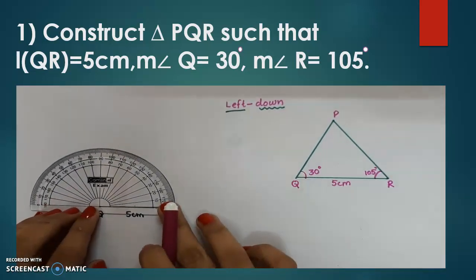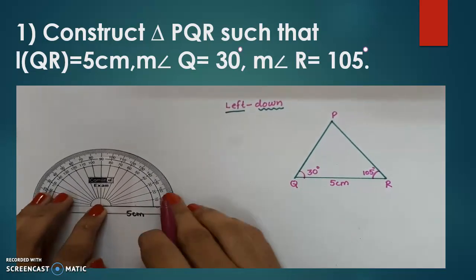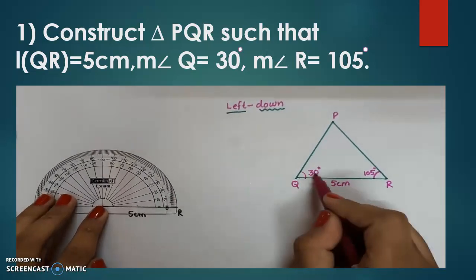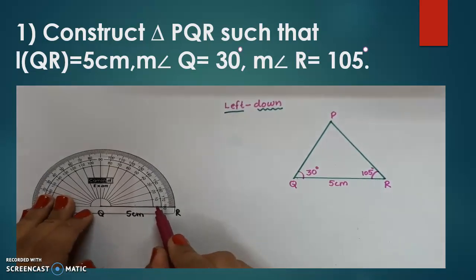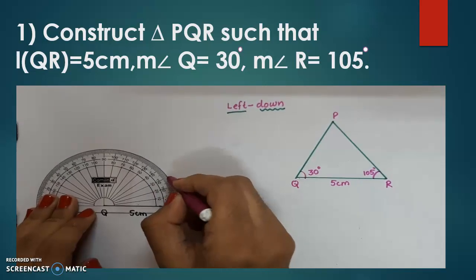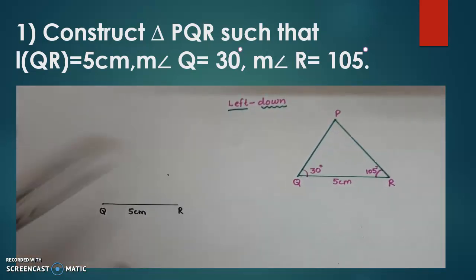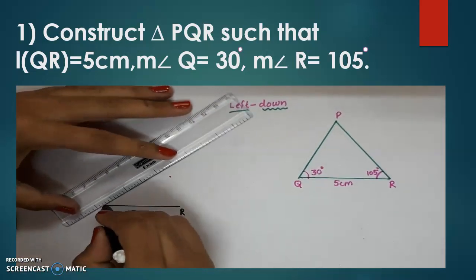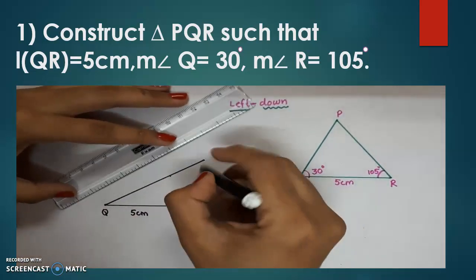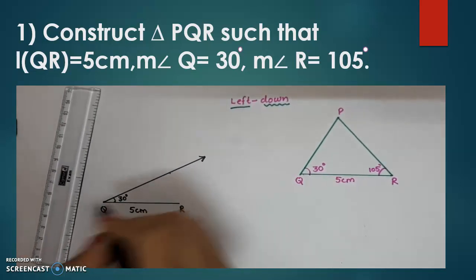Let's check down where we have 30 degree. Down we will see where is 30: 0, 10, 20, here is 30. We will plot one point and join this point with point Q. Put an arrow here and we will write 30 degree.